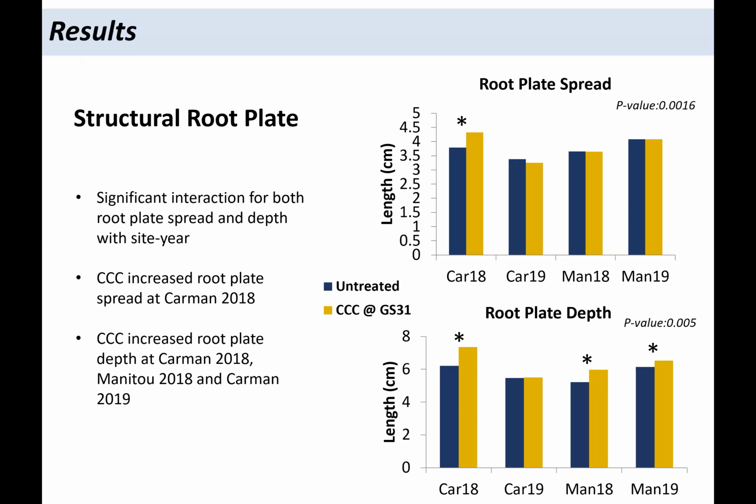And then root plate depth, we saw an increase in root plate depth at 3 out of the 4 sites, with Carmen 19 showing no influence on root plate depth. This is indicating that possibly the resources that would have been allocated to stem elongation being reallocated to the below ground root plate area, hopefully increasing that anchorage strength with that PGR application at some sites.